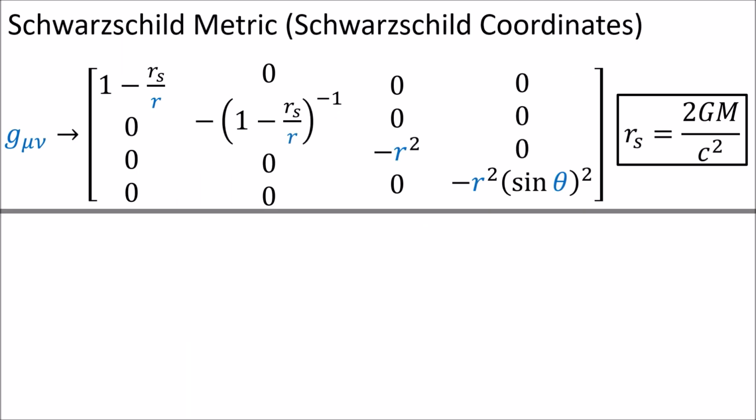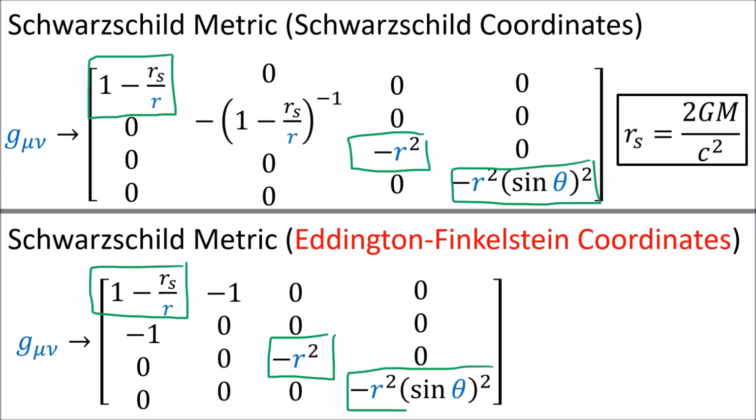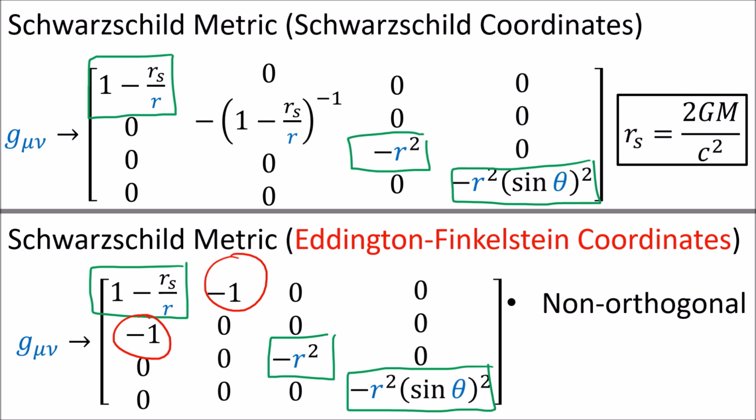So we see that the metric components in Schwarzschild coordinates and Eddington-Finkelstein coordinates are mostly the same. However, the Eddington-Finkelstein metric has some off-diagonal components. This might seem weird, but all this means is that the coordinate curves in Eddington-Finkelstein coordinates are non-orthogonal.